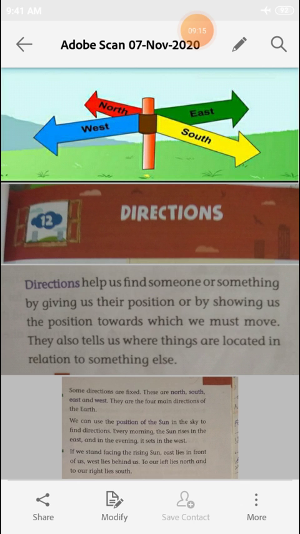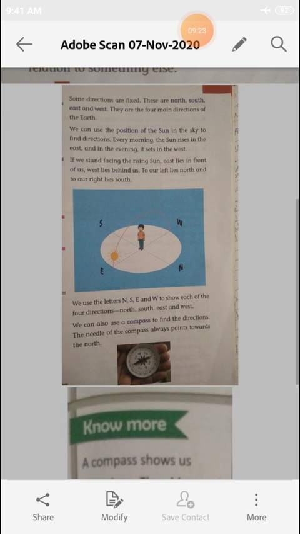So you learned in this chapter what direction is, the types of direction, and how we can use the position of the rising sun to find the direction. Directions give information on the map.